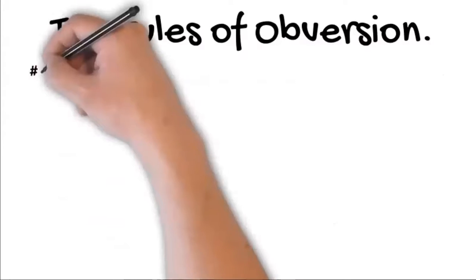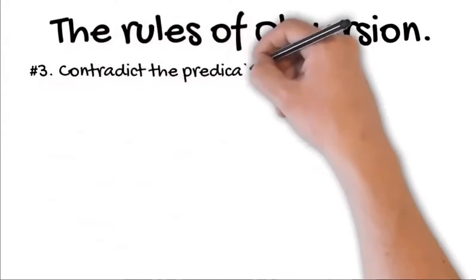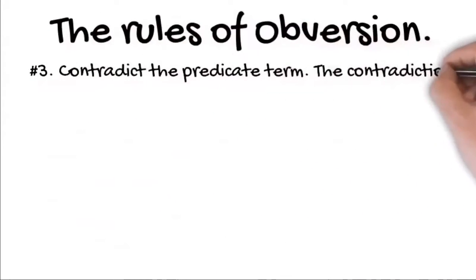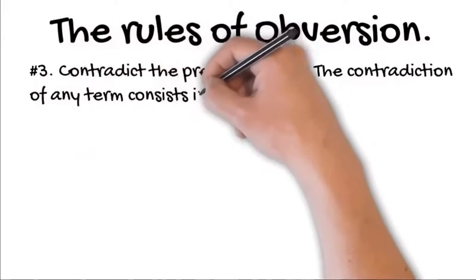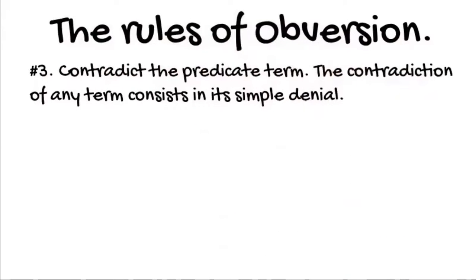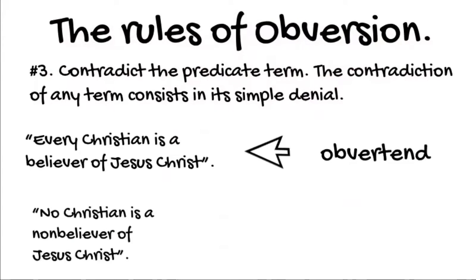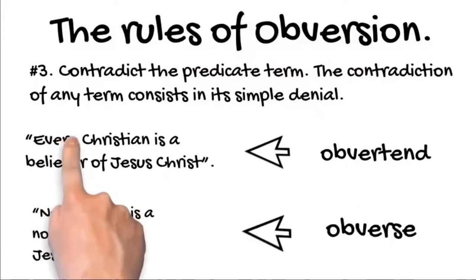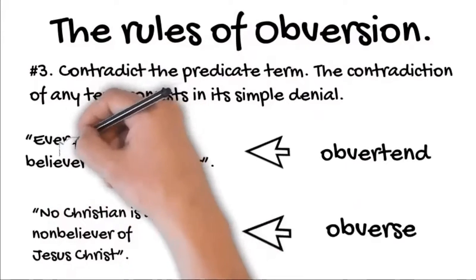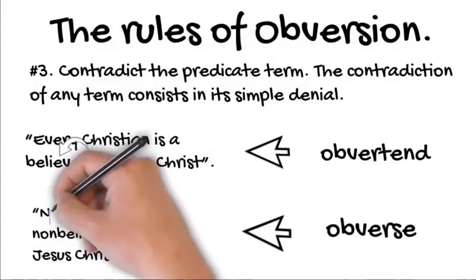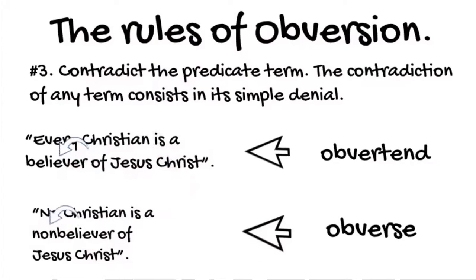Rule number 3, contradict the predicate term. The contradiction of any term consists in its simple denial. For example, the predicate term in the given proposition is the term believer. In our obverse, we contradict that by adding a prefix. That's why we have a predicate term non-believer.